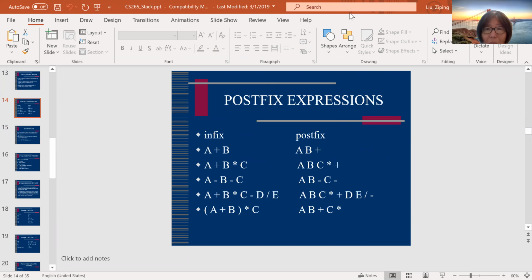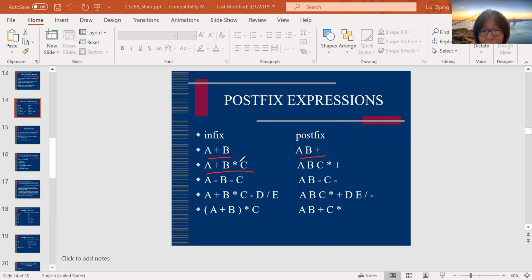So let's take a closer look at postfix expressions first to get used to them. Here we have some infix expressions. The simplest case is a plus b. If you convert to postfix, it looks like AB and then the plus sign.